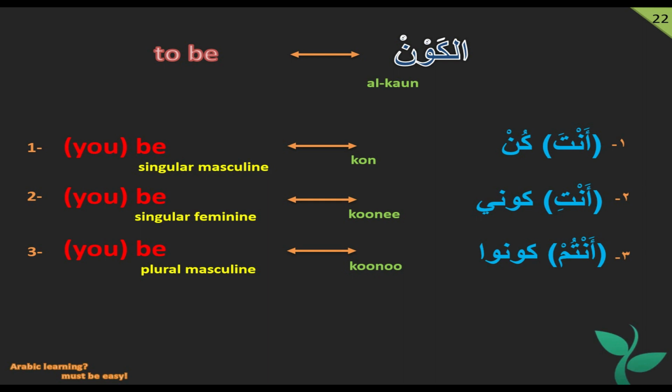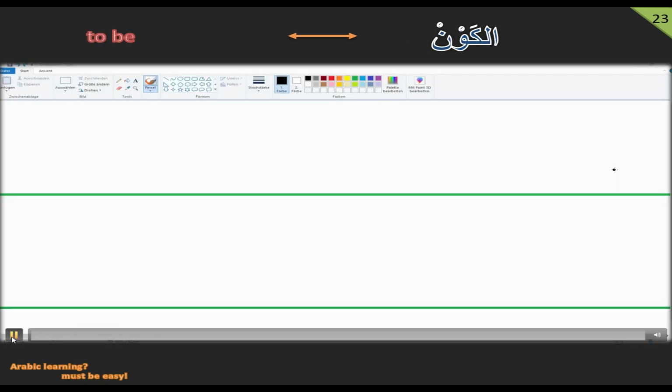And number 3, kunu. We don't spell the alif at the end of kunu. The alif here has a grammatical reason. We will discuss that later. So kunu for antum means be for plural masculine. And now the video.